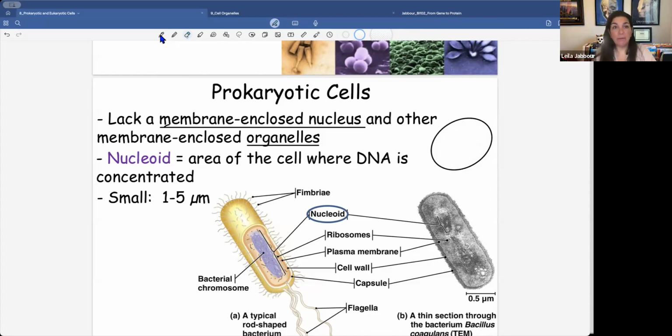So they're very primitive. They're just a big sack of fluid, and the membrane is the edge of the cell. What they have inside is a nucleoid, not a nucleus, which is just an area where the DNA is kind of floating around.